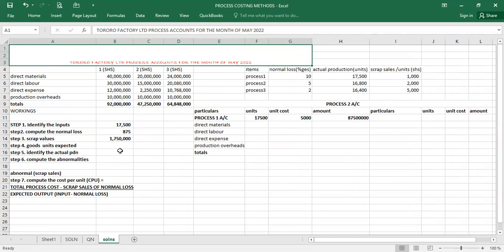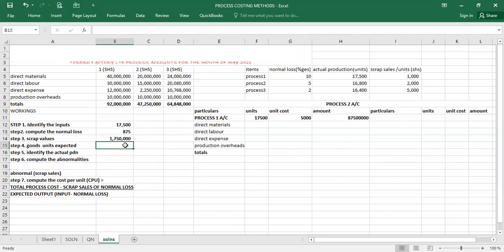Okay, we can now get our good units expected, which are going to be this minus this.